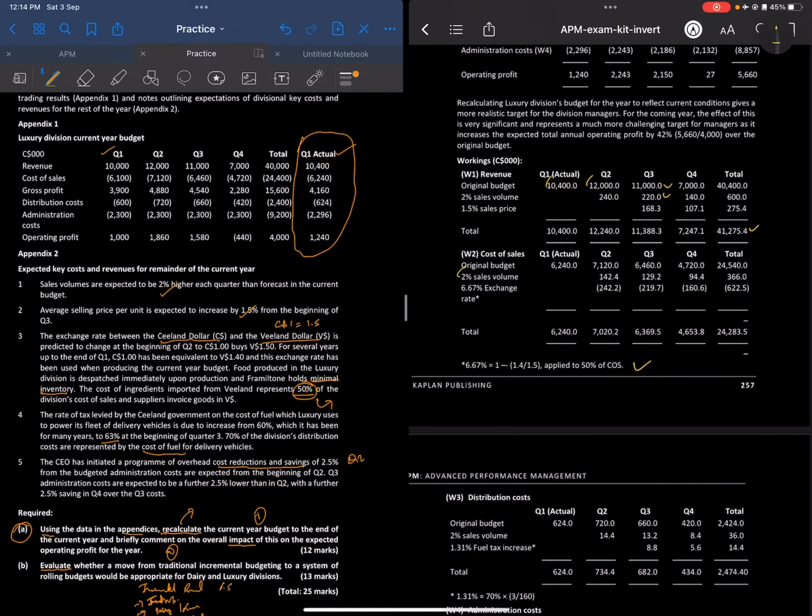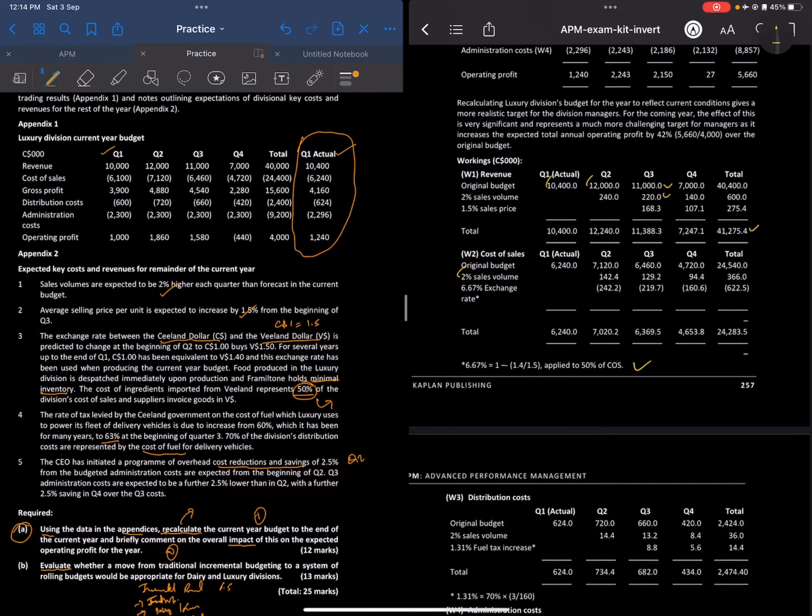I don't know why I'm getting this, but it should be 1.5 minus 1.4, 0.1 divided by 1.5. Right, that's it. So the currency has become stronger.